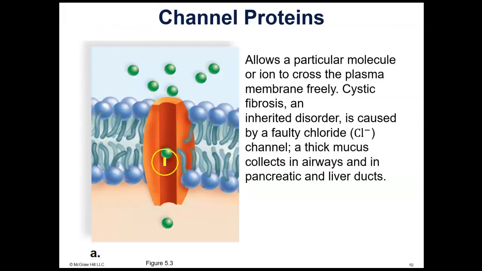Okay, here's a picture of a channel protein. In this particular example, it's a channel protein for chloride ions. Now, in the respiratory system, this channel allows chloride ions to cross, and then once they cross, water will follow the chloride ions, because one thing we always learn in anatomy and physiology, and I tell my biology students the same thing, is water follows salt.